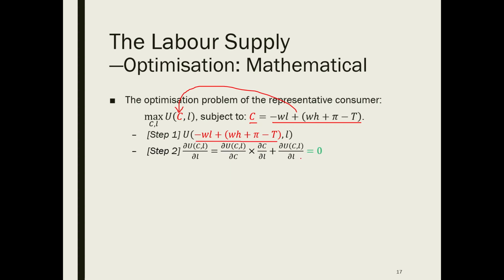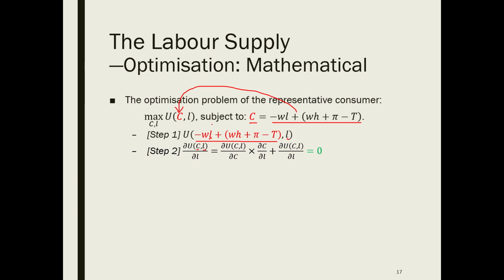Step 2, differentiation. Note that our objective function is a multivariate function depending on two components. The first component is C, which depends on leisure L, and the second component is leisure L itself. So if leisure L changes, there are two paths to affect the utility.